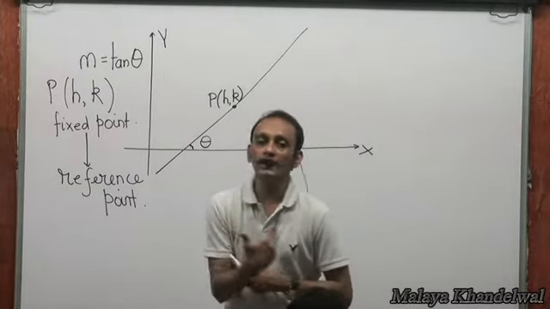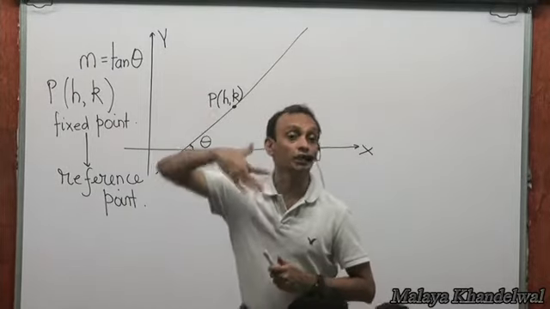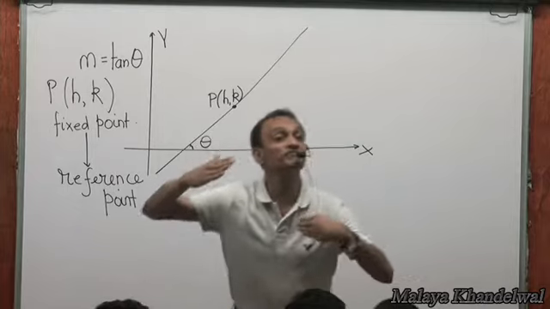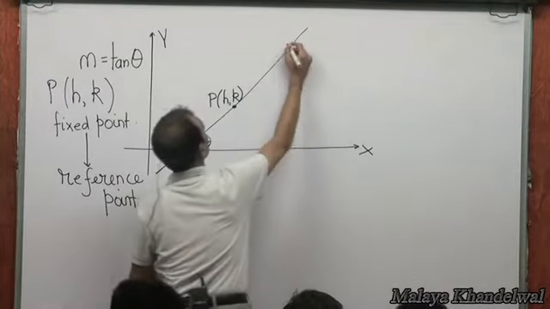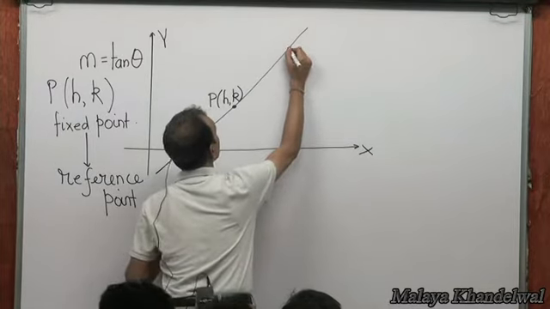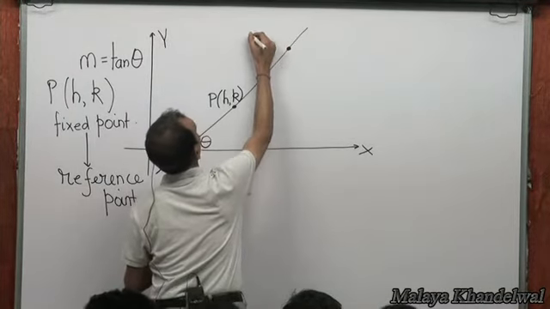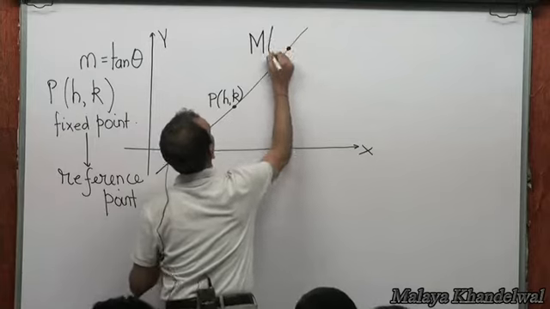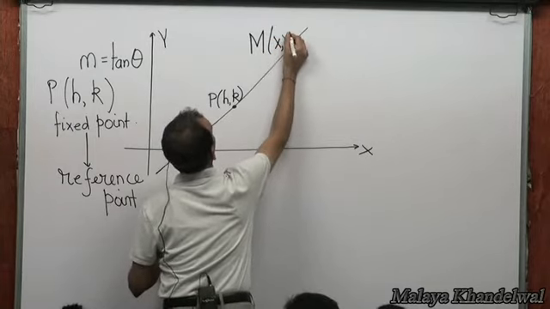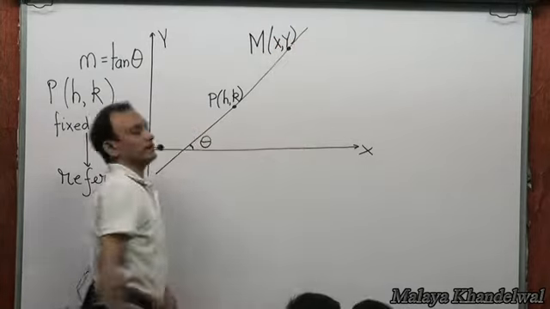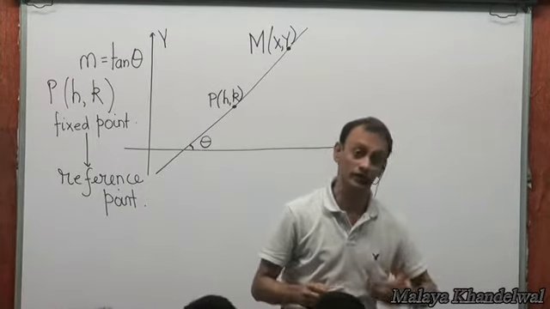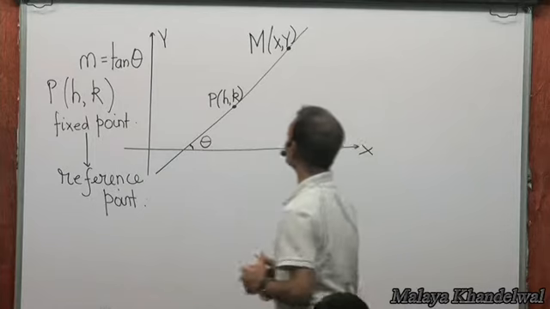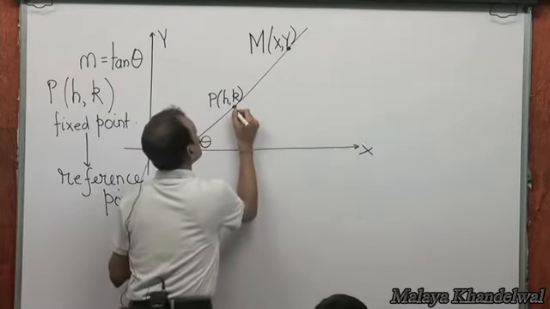Now we are going to relate any other point on this line, a moving point, with this fixed point. Now suppose there is a moving point M, (x, y) on the line.